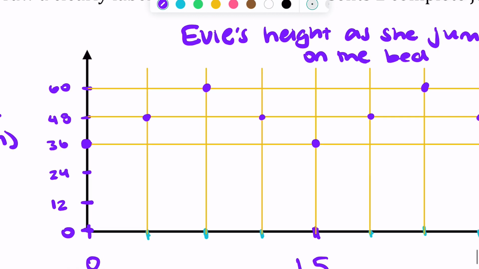Now, as a reminder, this shouldn't be like a pointy thing here. It has to be a smooth curve. So I tend to like to start off trying to make that smooth curve as best as I can.